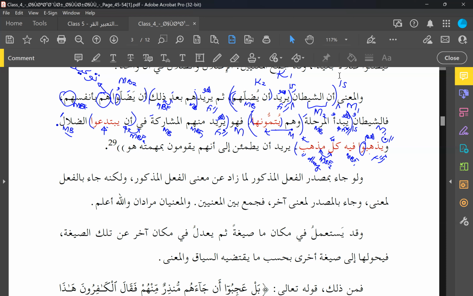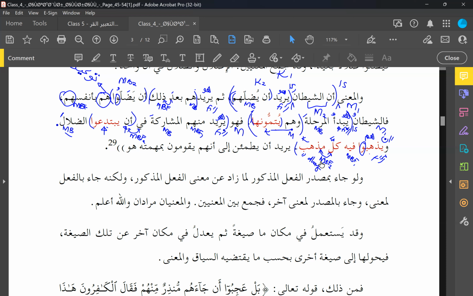Yes, Saima? Sister, how do you determine the fatha on kulla? Like, it will be kulla, not kullu. So if it's a مفعول فيه, then obviously you understand where the fatha comes from.